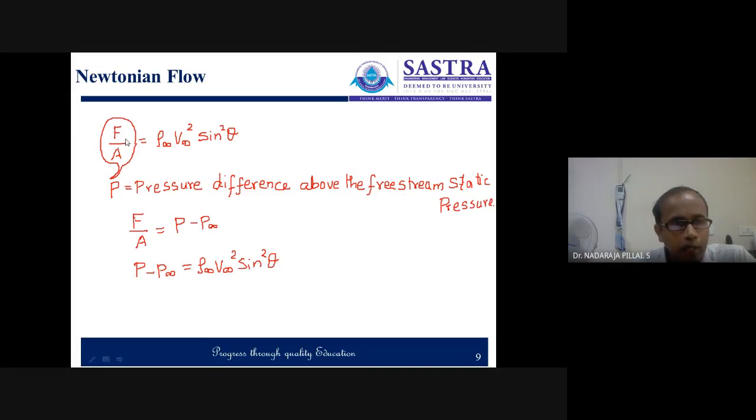So F by A is rho infinity V infinity square sine square theta, and P is the pressure above the free stream static pressure. So we can write F by A is equal to P minus P infinity, and P minus P infinity is equal to rho infinity V infinity square sine square theta.